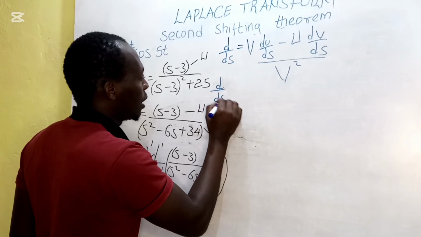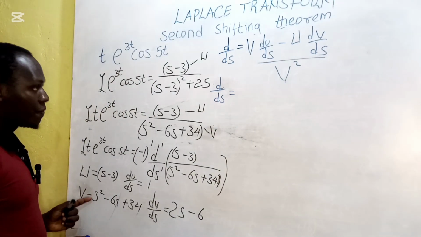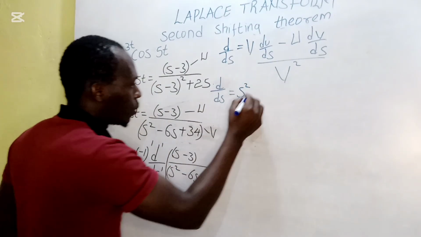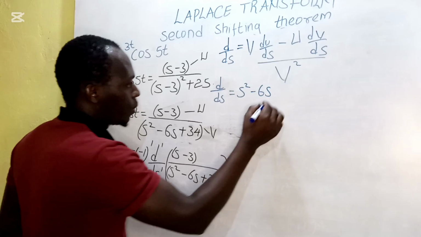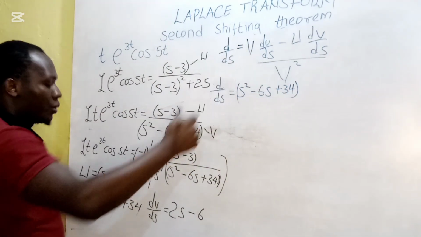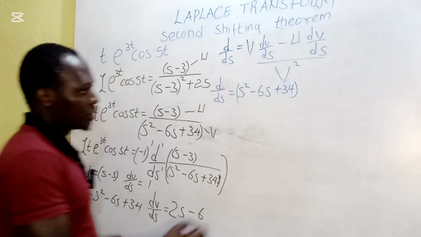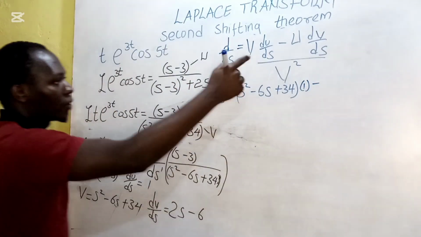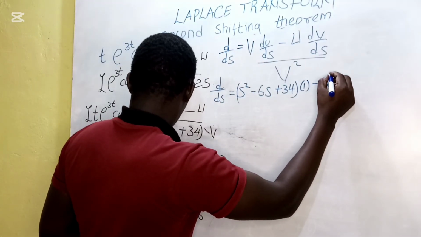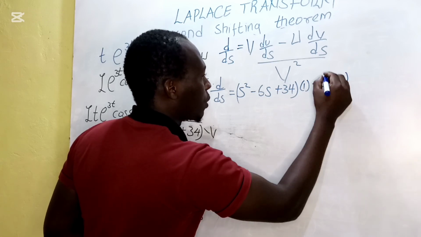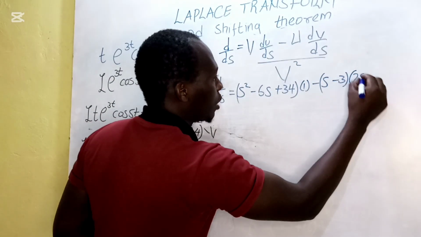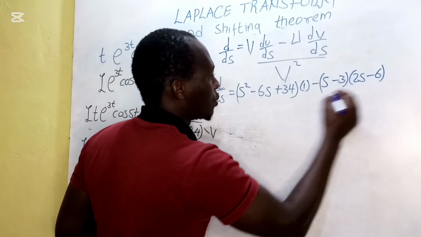So d with respect to ds is going to be equal to our v, which is s squared minus 6s plus 34, times du with respect to ds which is 1, minus u, which is s minus 3, times dv with respect to ds which is 2s minus 6.